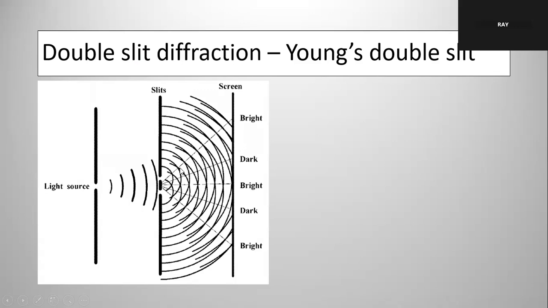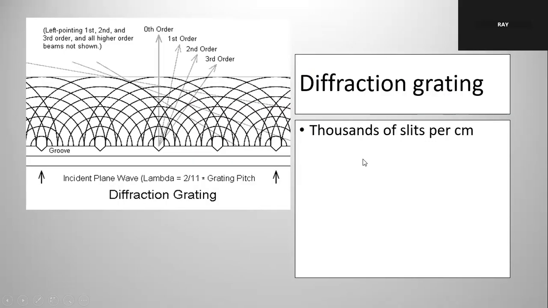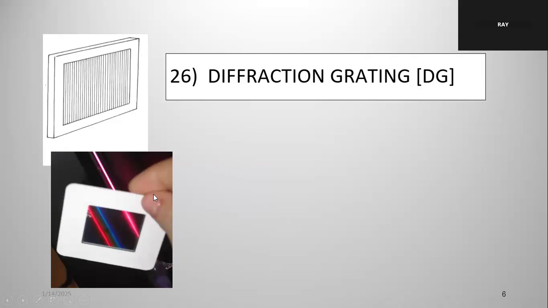So for Young's double slit, we try to make both slits narrow, but usually they are not that narrow. Diffraction grating has thousands of slits per cm. That's how it looks when you magnify it.